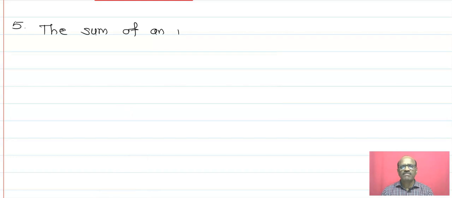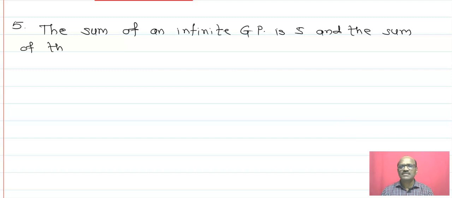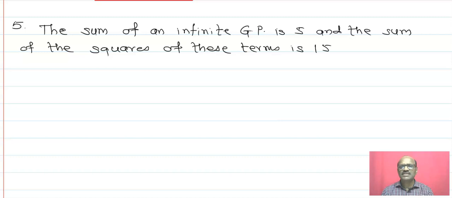Now, question number 5. The sum of an infinite GP is 5 and the sum of the squares of these terms is 15.